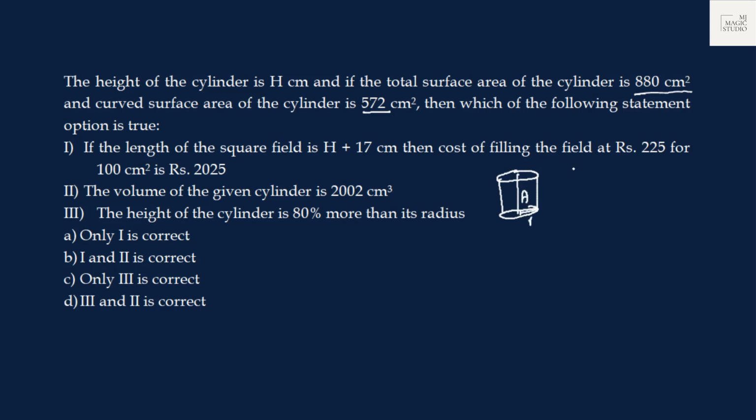Curved surface area is 2 pi r h, which is equal to 572. And total surface area minus curved surface area, that is 2 times pi r square, the area of the uppermost and the lowermost circle, is 880 minus 572, that is 308.